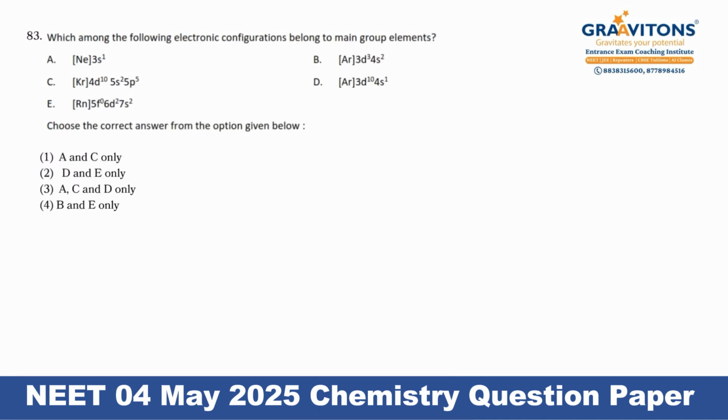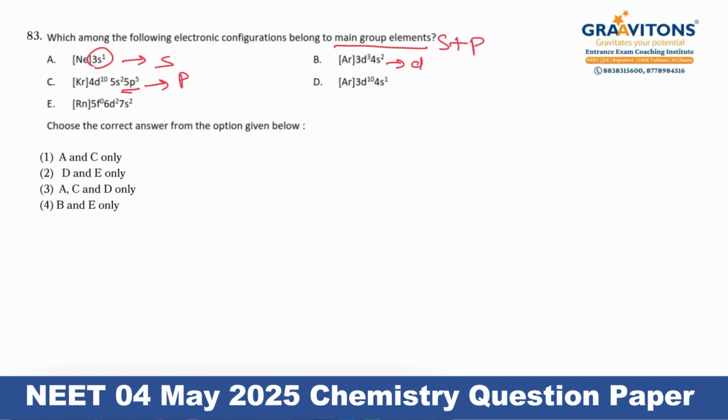Next question is question number 83. Which among the following electronic configurations belongs to the main group? First, you should understand what a main group is. S and P block elements are said to be main group elements. Let us check. The last differentiating electron enters into the S orbital, and hence this belongs to an S block element. And here it is 3d3 4s2, so the arrangement of electrons tells you that they are from the D block. And here you can find a P orbital involved, so this is going to be a P block element.